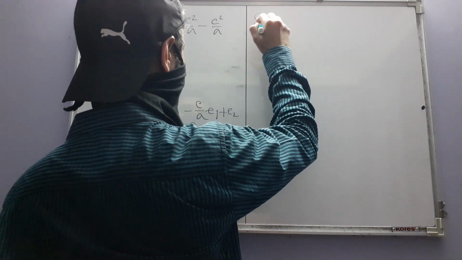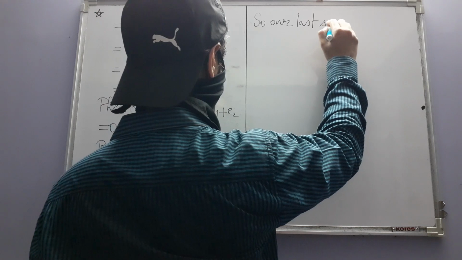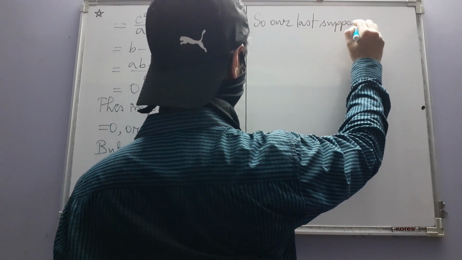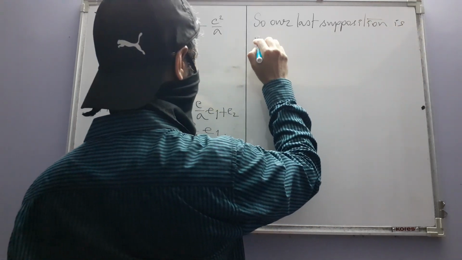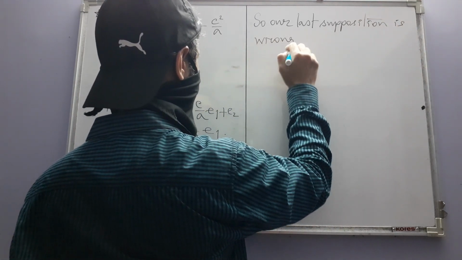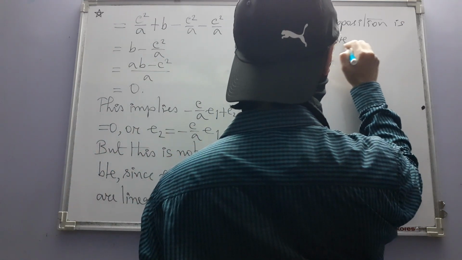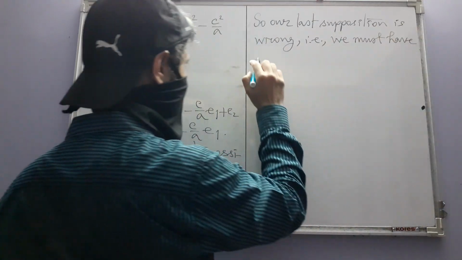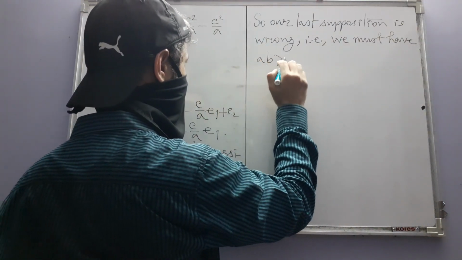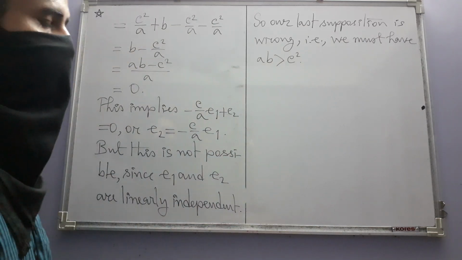So our last supposition is wrong, i.e. we must have AB strictly greater than C square.